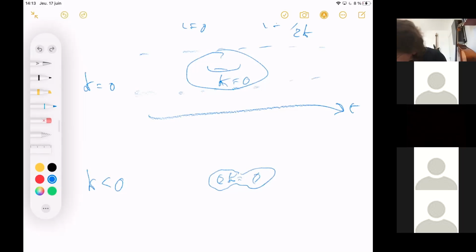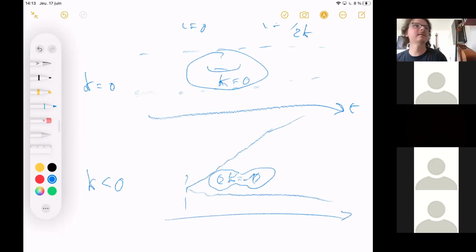Yep, sorry. And then it's homothetically expanding. Okay. And so t equals 0 does something, and it can be extended in the past up till minus 1 over 2k, since k is negative.